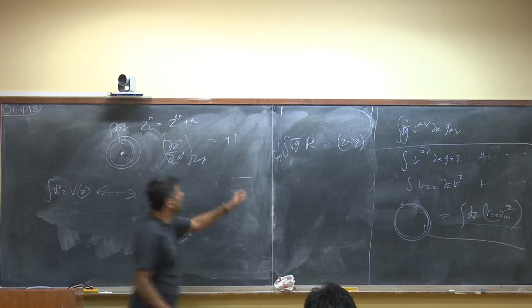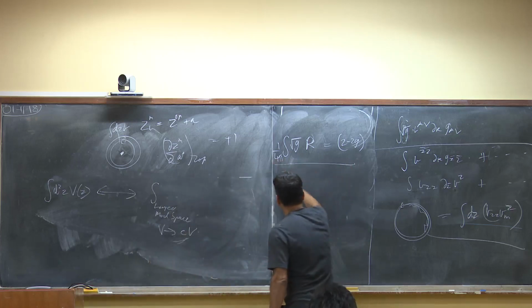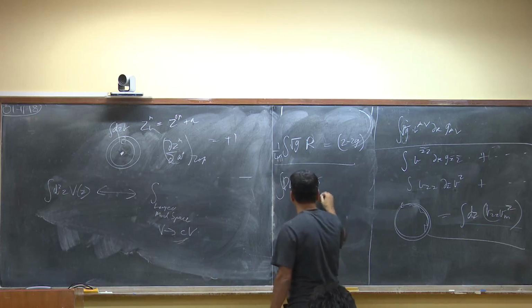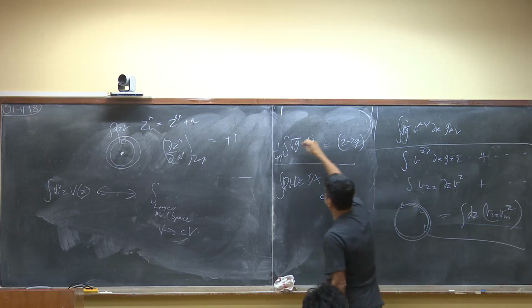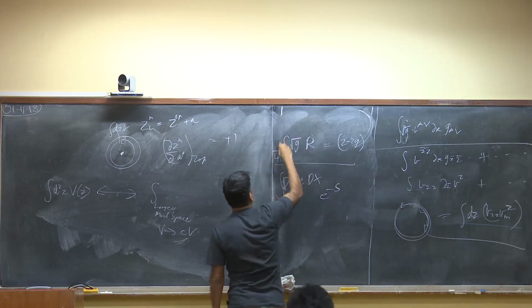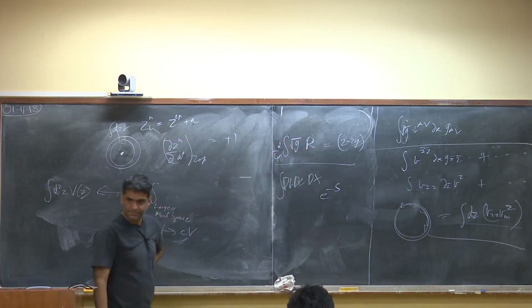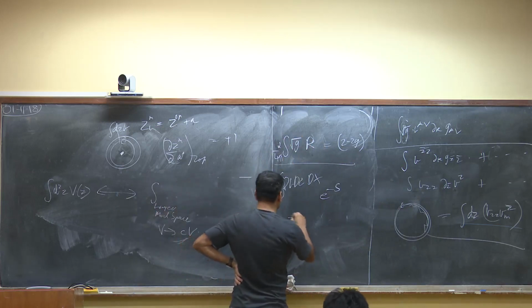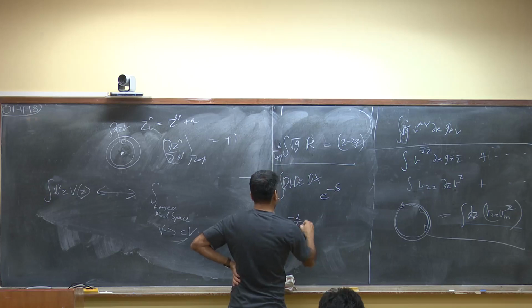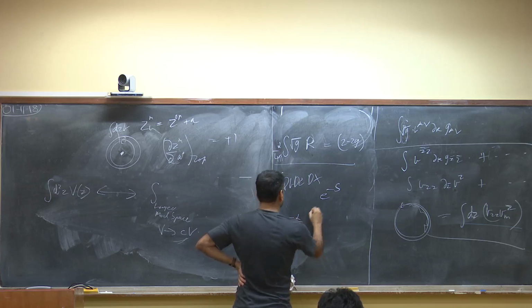Remember the thing that we were doing was this integral dB, dc, dX, and so on, e to the power minus S, and we now suppose in S we put an alpha here. So this will pick up a factor of e to the power minus alpha by 4 pi times (2 minus 2g).